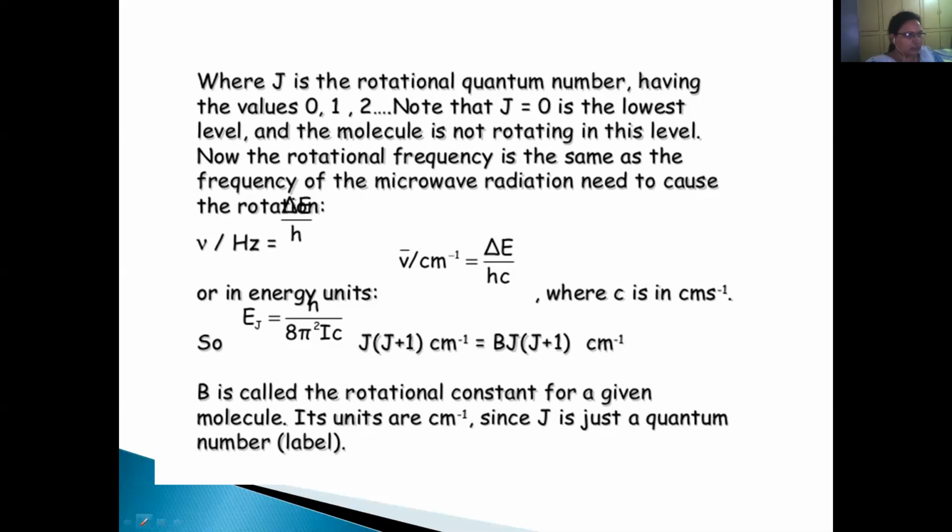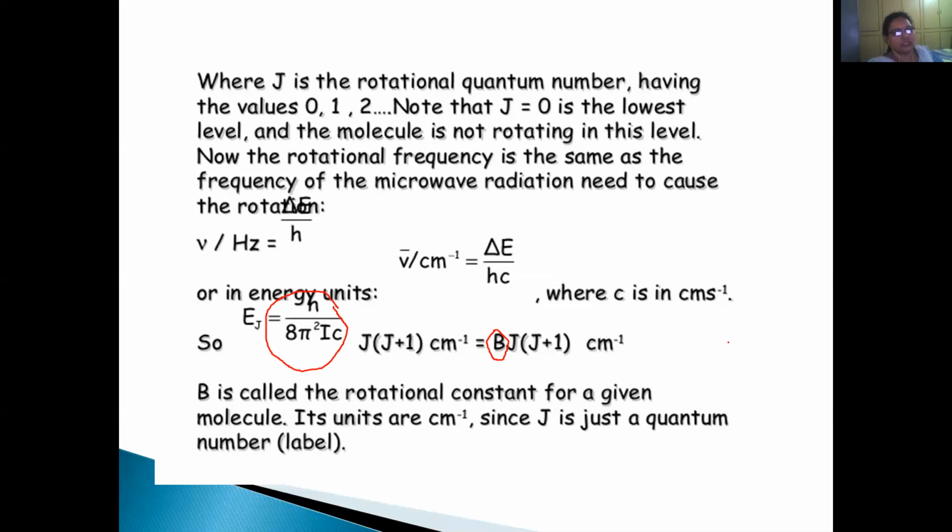If we take this as some constant, then it becomes B into J(J plus 1). So what we got is the energy in terms of the rotational quantum number, equal to B J(J plus 1) per centimeter.